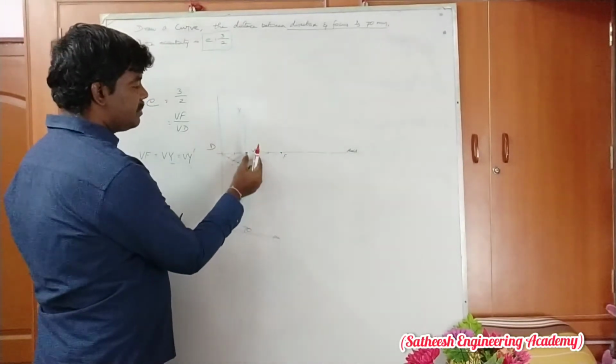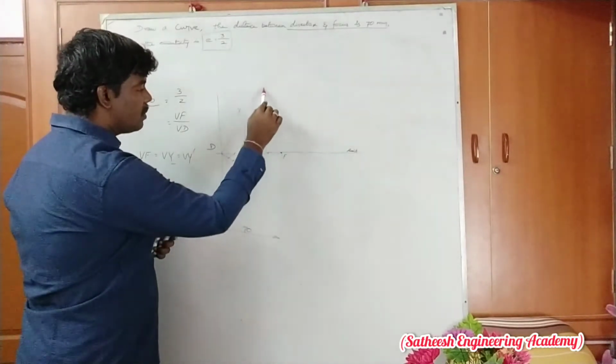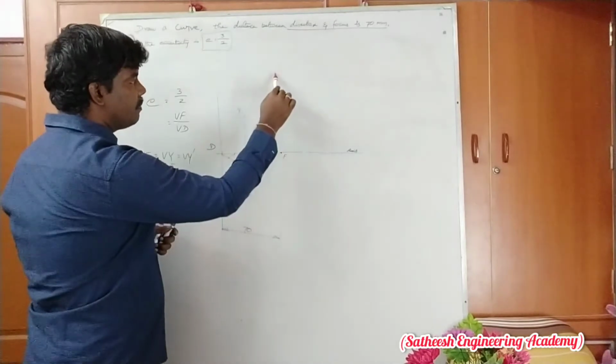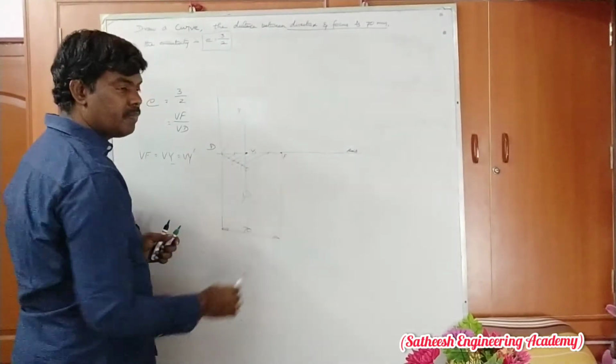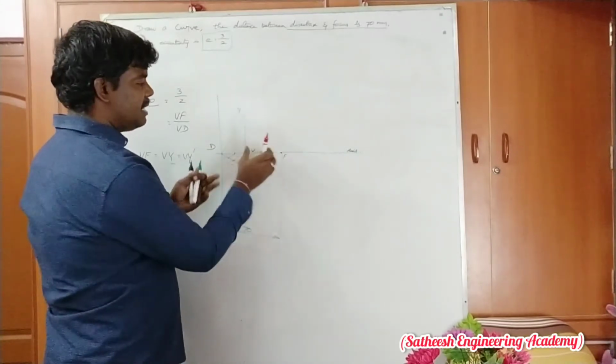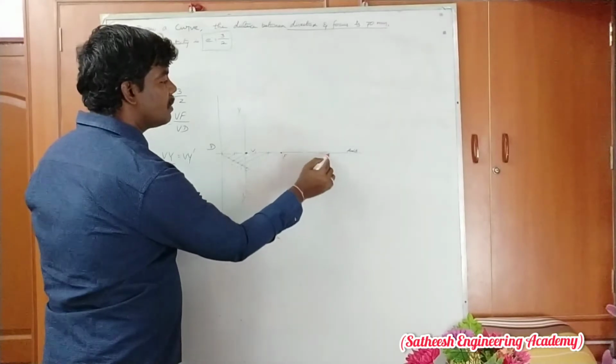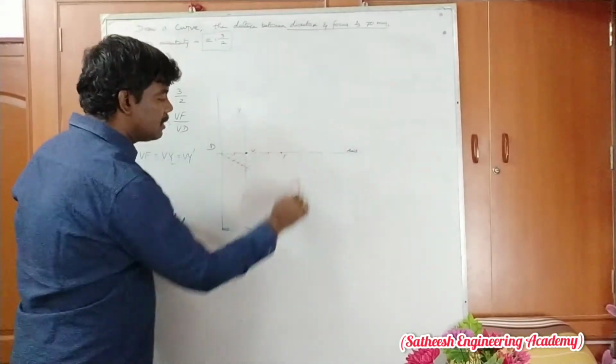So already some divisions are the same division, I continue. So part 1, part 2, because of time consumption, already 3 equal parts are there, so I continue the same distance here also, like this.